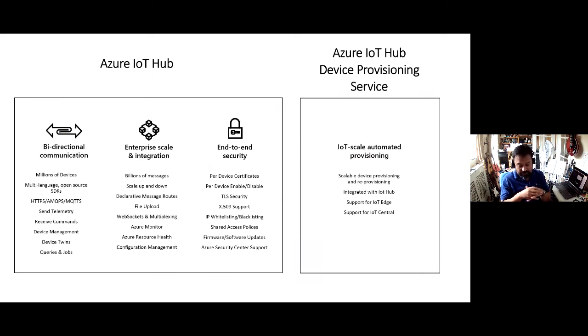IoT Hub never initiates connections to a device. It's always the device that initiates connections to IoT Hub. So you don't need to have open incoming ports. And it is highly secure because each device does have its own identity and its own authentication key, or you can use certificates as well.